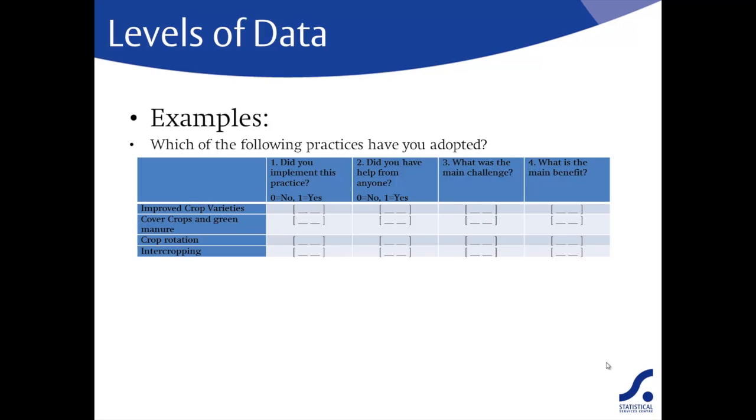Was the practice implemented? If so, did you have any help? And what were the main challenges and main benefit? Effectively then, we have 16 questions here, and we would expect 16 responses. Therefore, we need 16 variables in our data set to store this data. These data are all at the same level as the questionnaire.